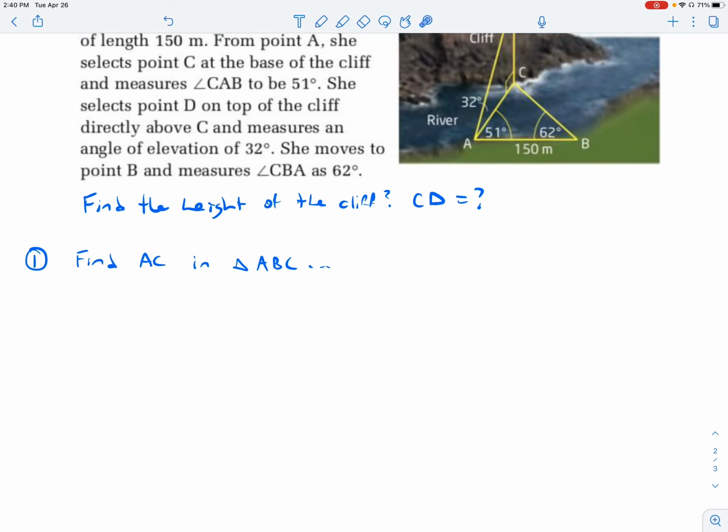To get AC, I think I can use sine law, but I need this pair right here. I don't have it, so because I have this length, I probably want to pair it up with that angle there. If I could find the angle ACB, I'll have a nice pair, and then I can use sine law to find this missing length right along there.